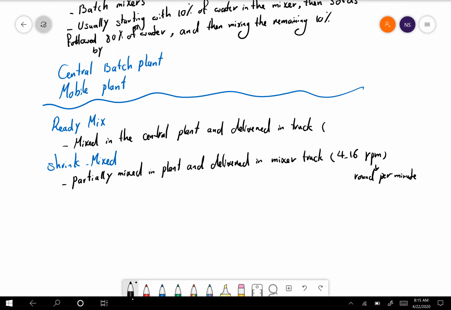And this type of truck is only rotating at 2 to 6 rounds per minute because it's already completely mixed. And then there's a third type that is called truck mixed.